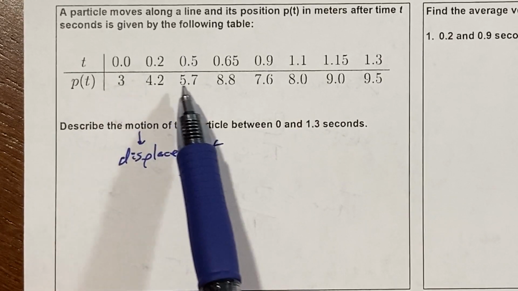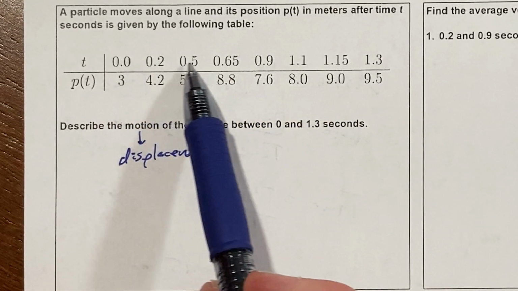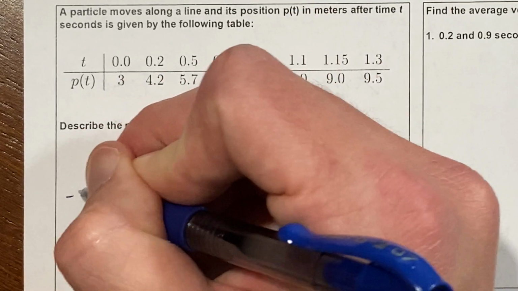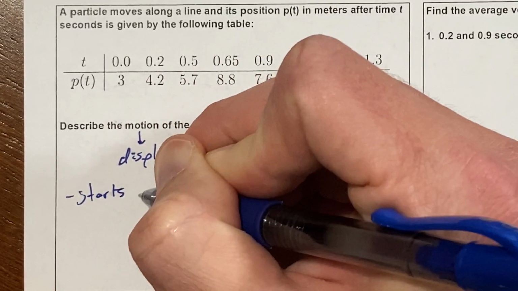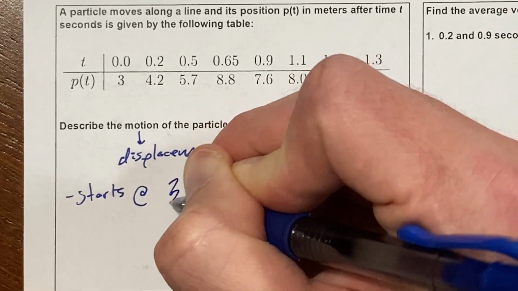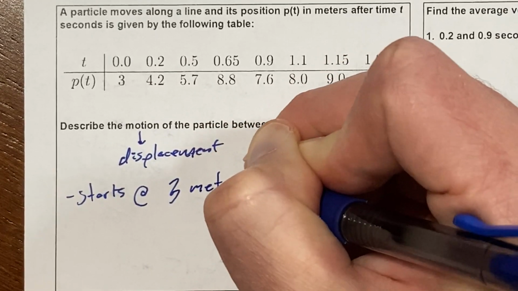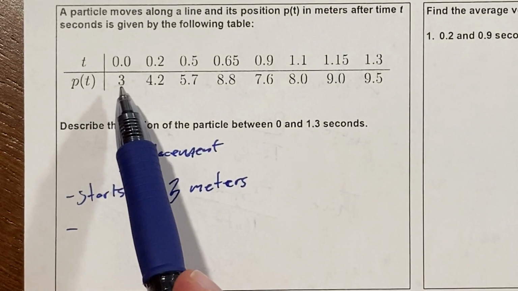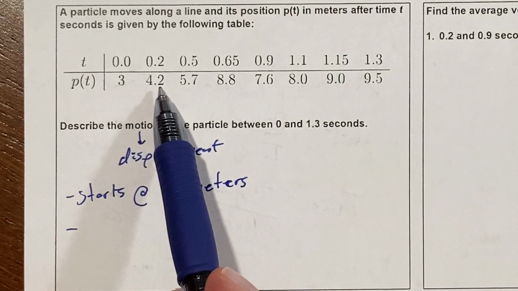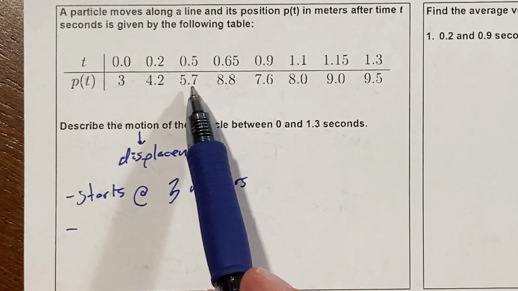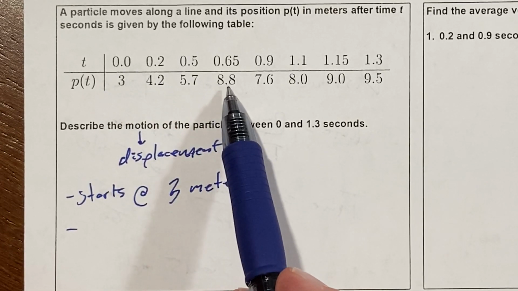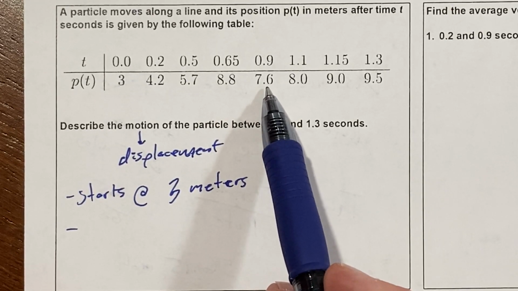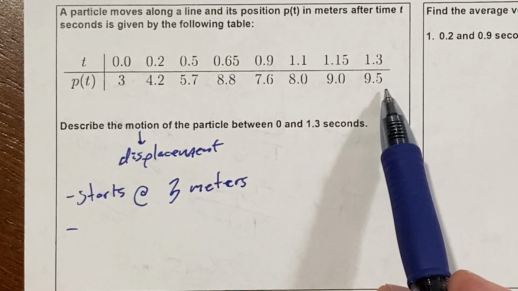What's happening to this particle as the time is moving on? Well, it starts at 3 meters. Okay, we're starting at 3 meters, and then it's moving up 4.2 meters, keeps moving up, and then it's coming back down, and then it goes back up, goes back up, goes back up.